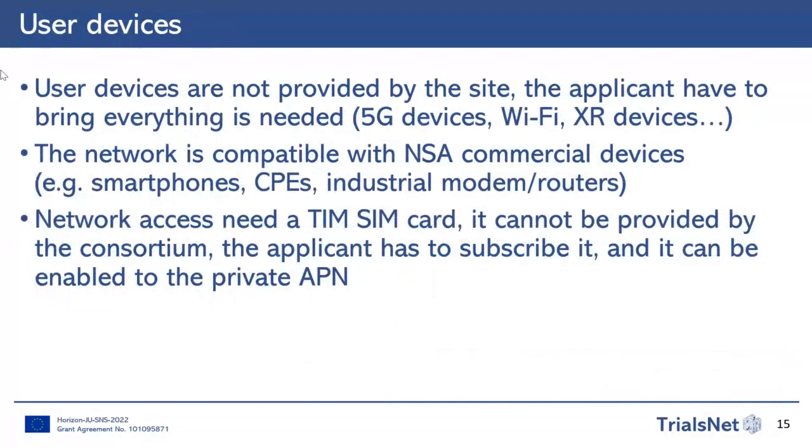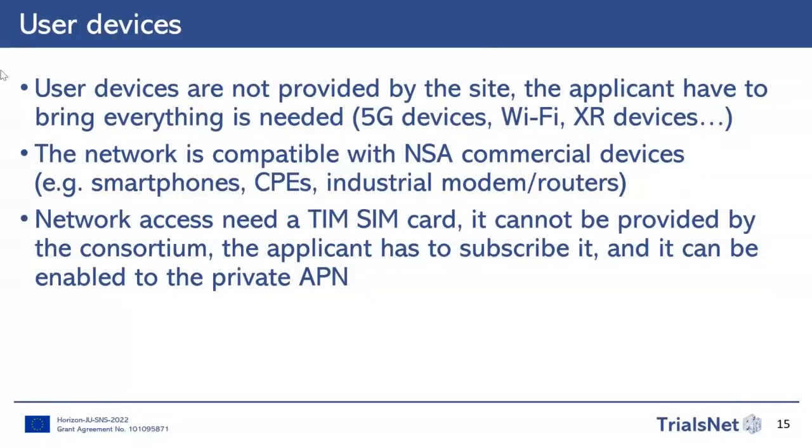The user devices that can be used are all those the NSA commercial network can host: commercial smartphones, CPEs, industrial modems, routers, and so on. The project cannot provide the devices directly, but the applicant can bring what is needed for their proposal.